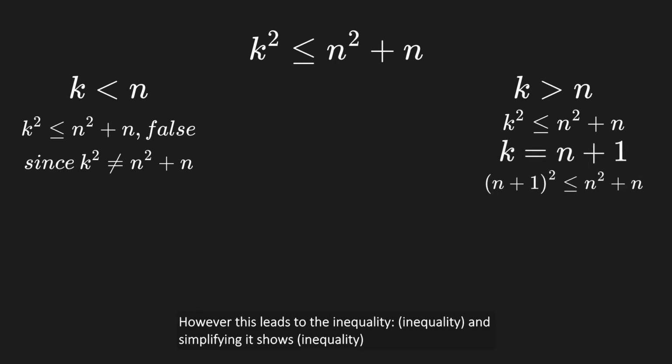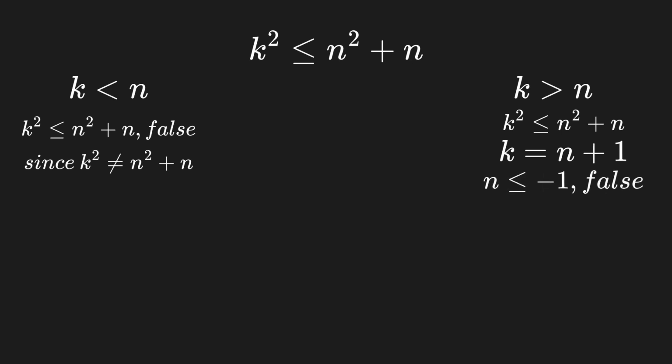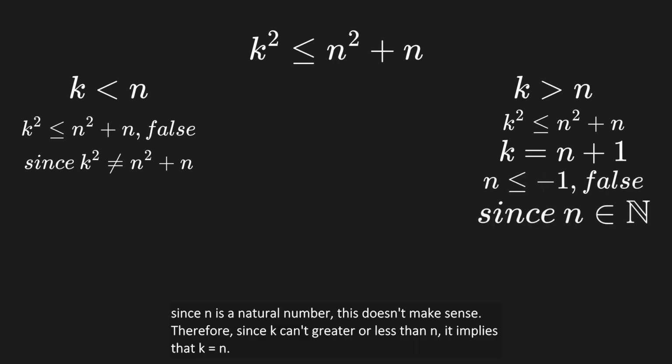However, this leads to the inequality n plus 1 squared less than or equal to n squared plus n, and simplifying it shows that n is less than or equal to negative 1. Since n is a natural number, this doesn't make any sense. Therefore, since k cannot be greater or less than n, it implies that k is equal to n.